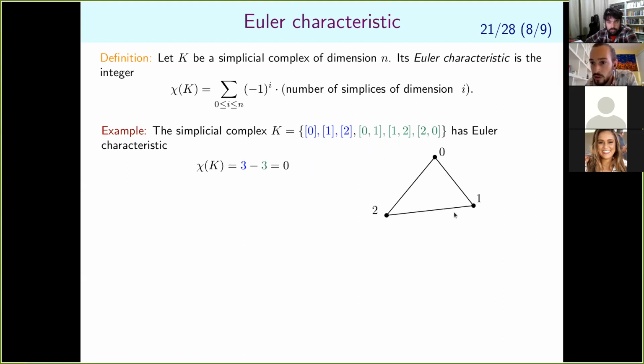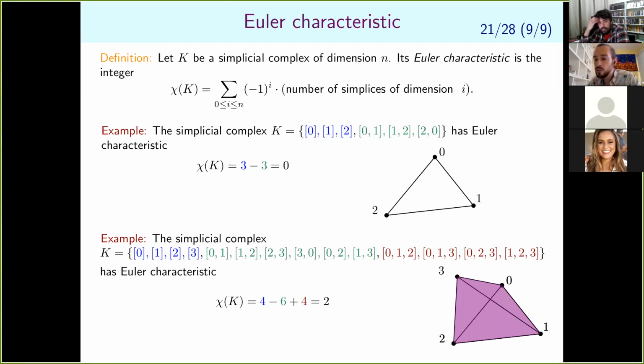The circle, the triangle, has 3 simplices of dimension 0 and 3 simplices of dimension 1. So I write chi is equal to 3 minus 3. This is 0. Okay. The Euler characteristic of the triangle is 0. If I do the same with my tetrahedron, I obtain 4 minus 6 plus 4, 4 being the number of 2-dimensional simplices, and this is 2. Okay.